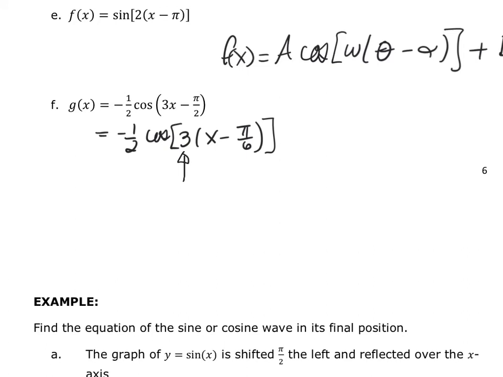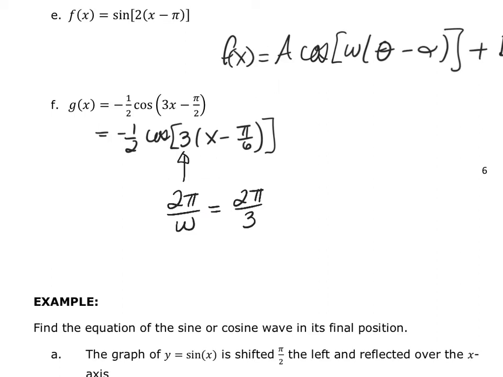This reduces my period from 2 pi to 2 pi divided by omega, which in this case is 2 pi divided by 3. So instead of going from 0 to 2 pi to complete the cycle, it is going to go from 0 to 2 pi over 3 without a phase shift.